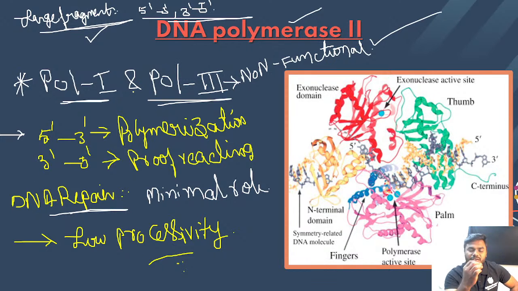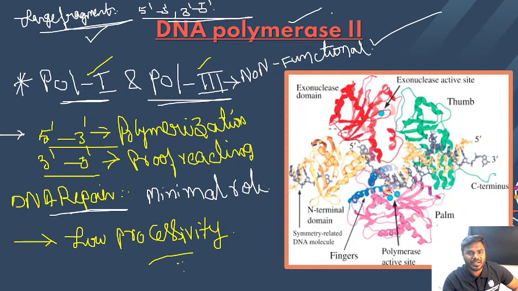So I'll quickly summarize, friends. Whoever is getting confused, please try to understand. DNA polymerase 2 is the enzyme which is only involved when the polymerase 1 and polymerase 3 enzymes are completely non-functional. Like other polymerases, DNA polymerase 2 is involved in 5' to 3' polymerization, the synthesis of the daughter strand, and also in 3' to 5' proofreading, which we call exonuclease activity.